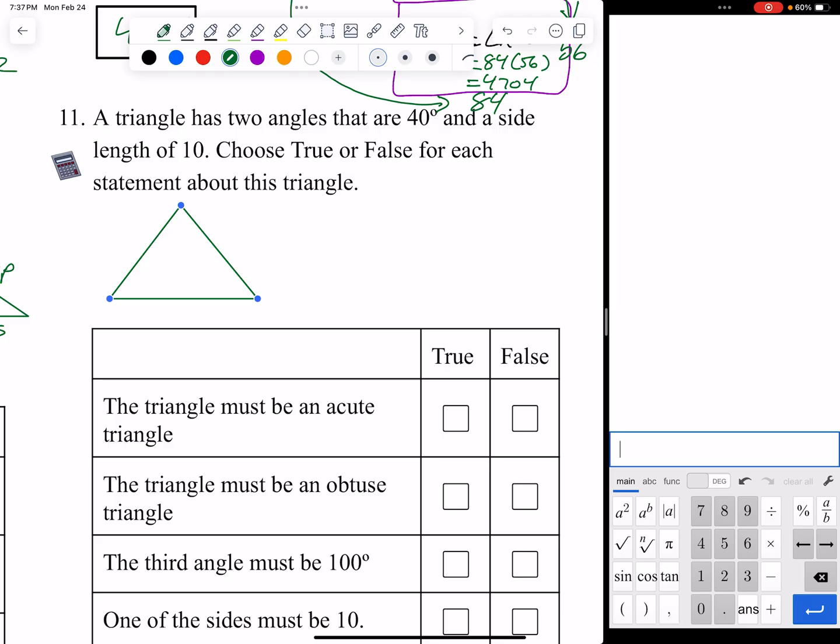You're like, where do the 40s go, Beltran? Well, one thing I know for sure, and again, knowing your triangles and classifying, if two angles are 40 degrees, remember our triangles, we have an equilateral, we have a scalene, and we have an isosceles. And this is where my autocorrect always screws me over.